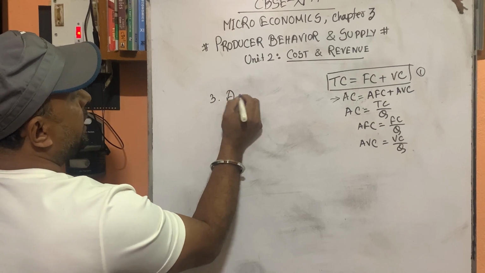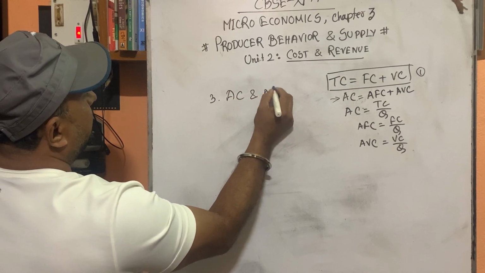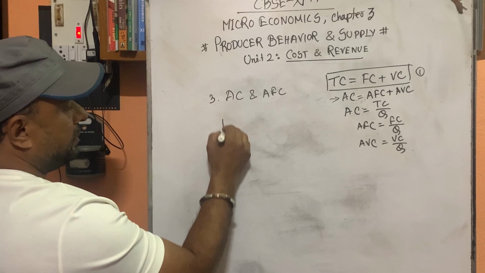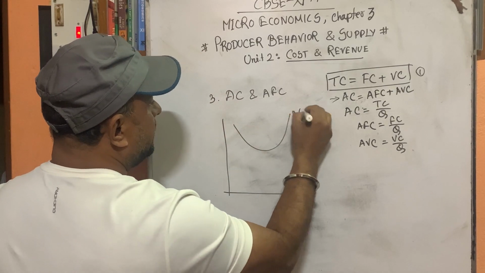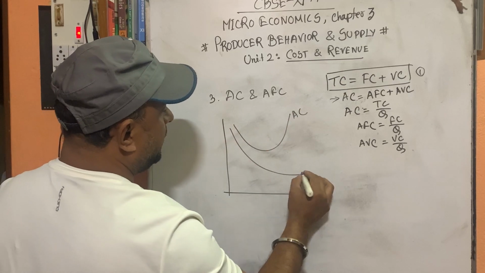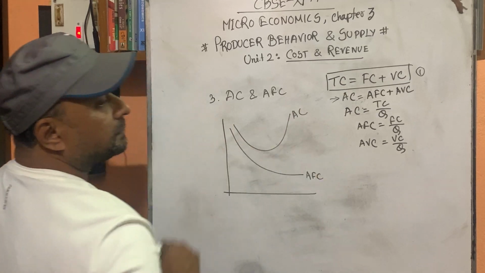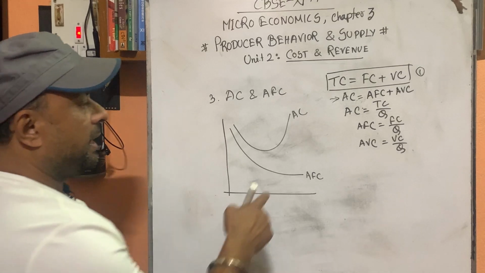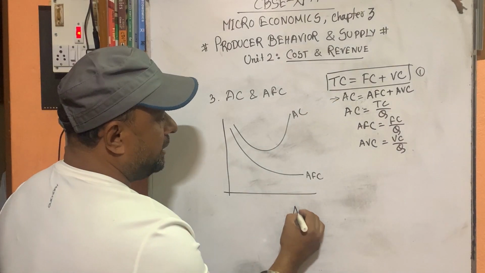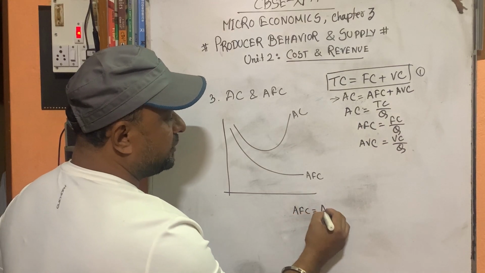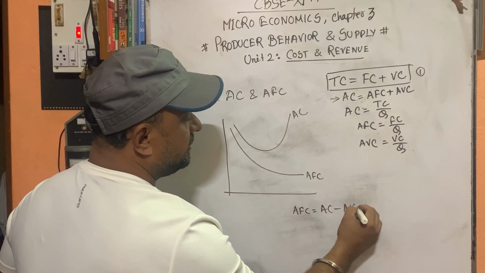The next relation is average cost and average fixed cost. This is the shape of the curve. This is our average cost curve, and average fixed cost is downward sloping. Average fixed cost is calculated from average cost. Average fixed cost is the difference between average cost and average variable cost.